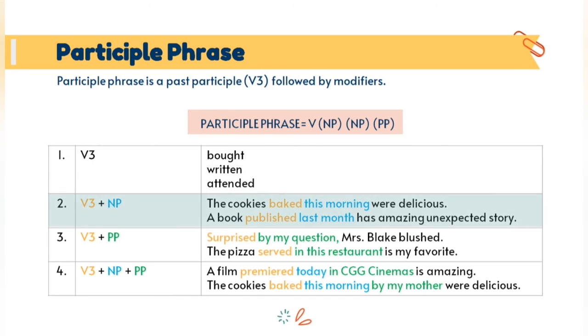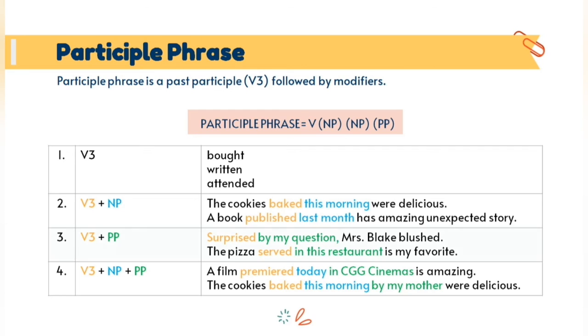And the second, verb 3 followed by noun phrase. The cookies baked this morning were delicious. The phrase baked this morning is a participle phrase. A book published last month has amazing unexpected story. Published last month is a participle phrase.